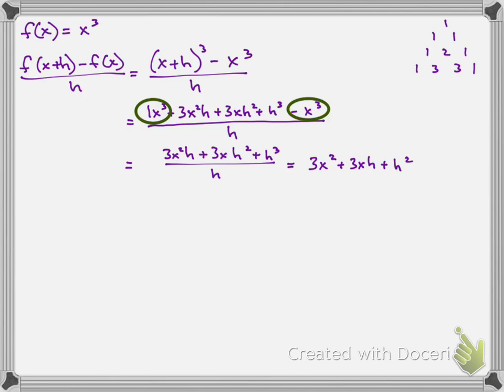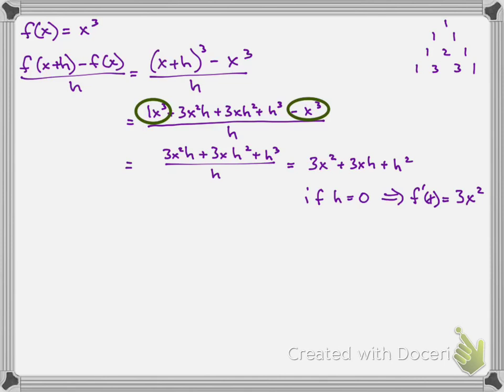Okay, and what does that give us? If h equals 0, what does that give us? We get this rate of change function. This is what we're calling it in this college algebra class, is 3x squared.